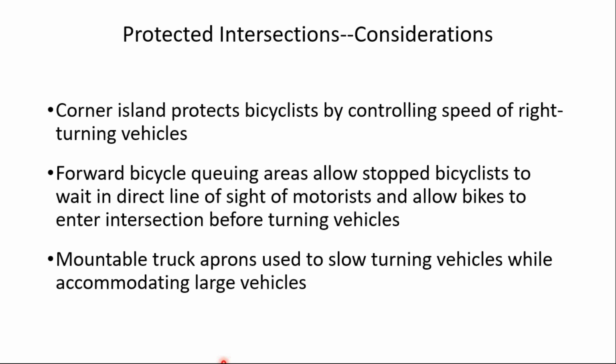The bikes queue up forward of the vehicular traffic so that they're in the line of sight of motor vehicle drivers, and the bikes can enter the intersection before the turning vehicles. There's also mountable truck aprons that slow turning vehicles while still allowing the large vehicles to proceed.